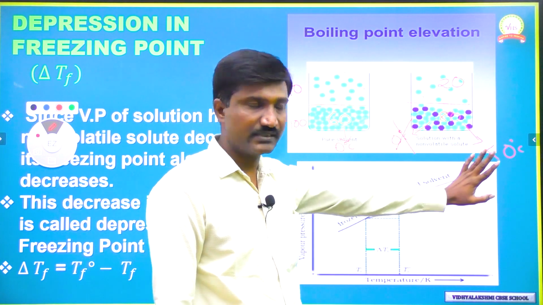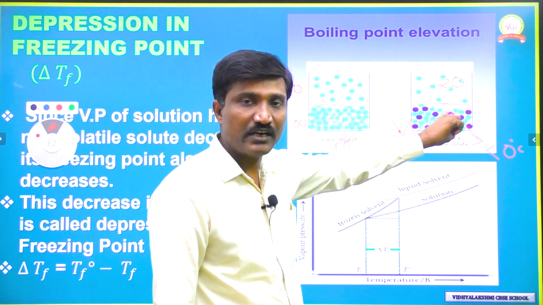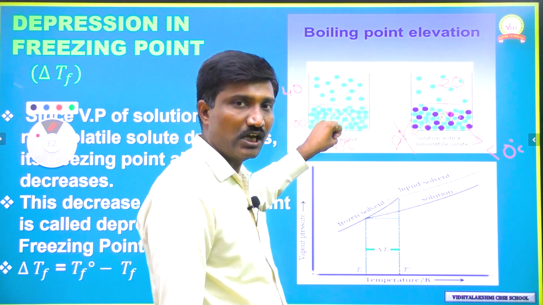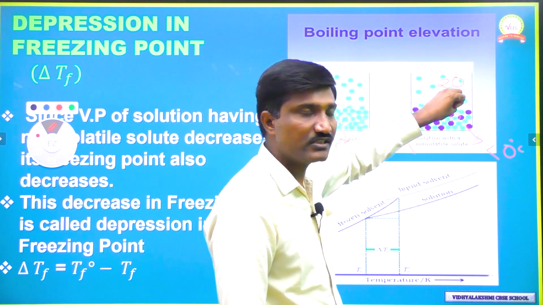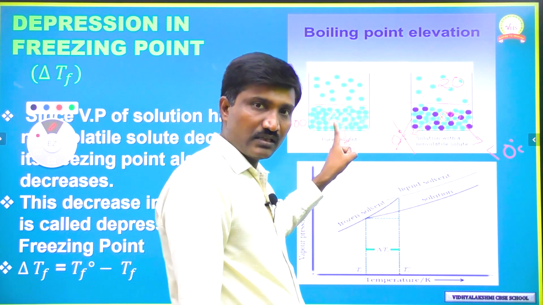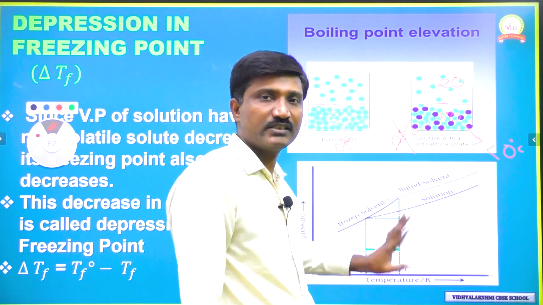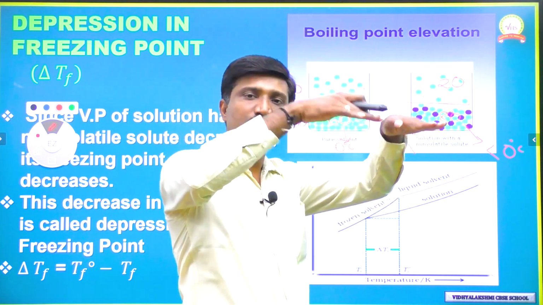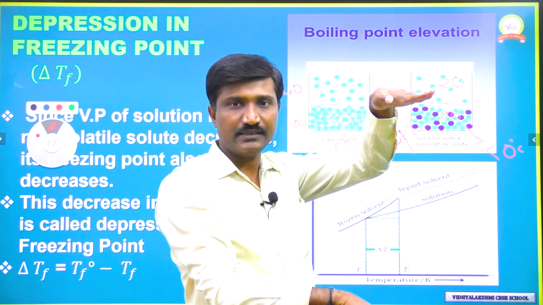If we compare the freezing point of the solution with respect to the freezing point of the pure solvent, does it decrease, increase or remain the same? It decreases. Boiling point increases, but freezing point decreases.